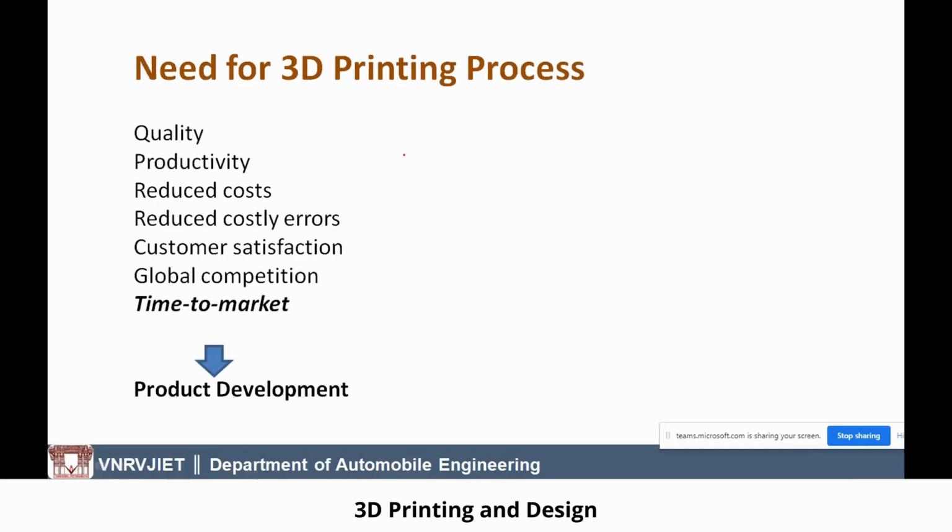Why do we need to go for a 3D printing process? The 3D printing process produces very high quality components, we can increase the productivity, and it reduces the cost if you go for mass production, and reduces costly errors.